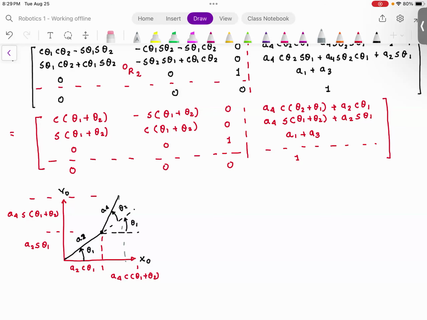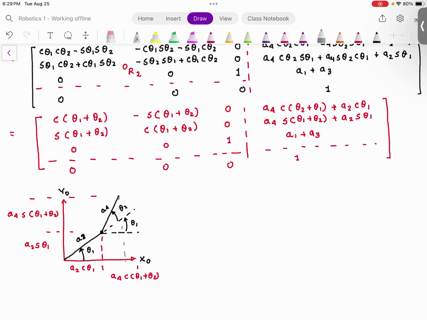So the angle made by this length with respect to horizontal is theta 1 plus theta 2, and you get this component. Do you agree that my x distances and y distances are the same as I got from the rotation matrices, homogeneous transformation? The z distance cannot be written down here because I'm showing you a planar figure. Do you agree with me?